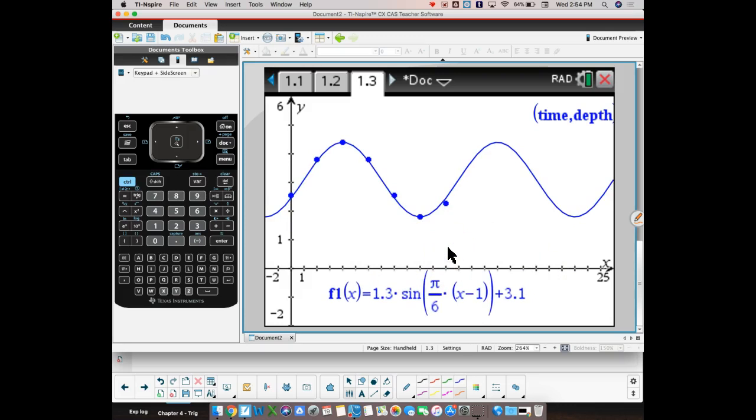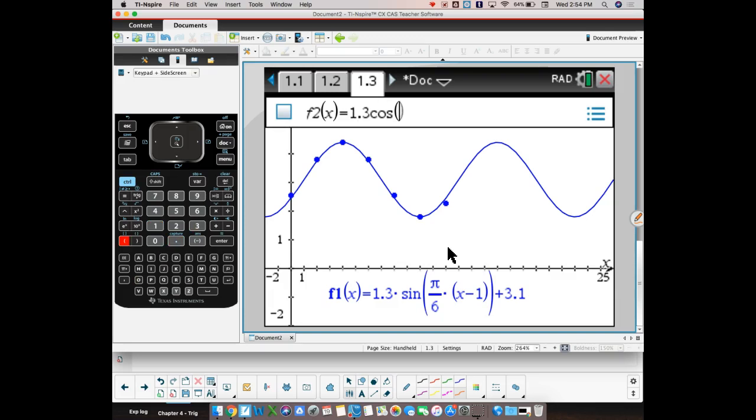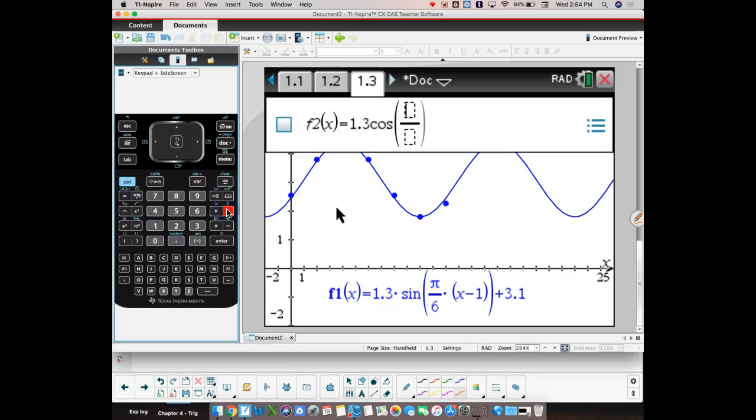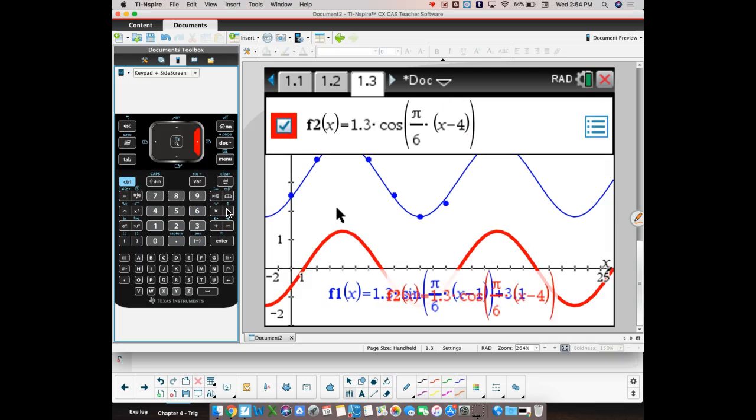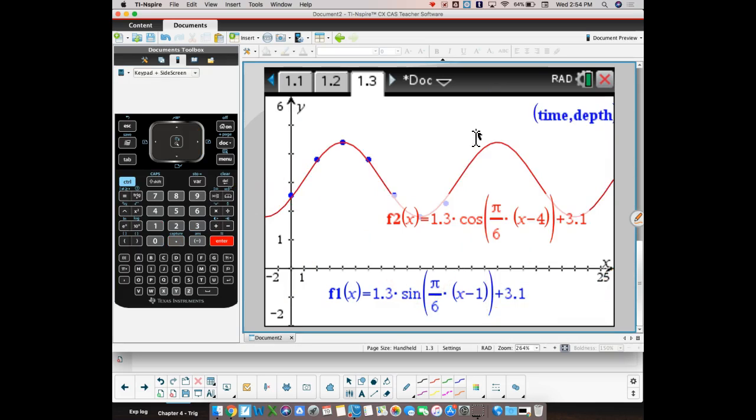Or we said it was 1.3 cosine of pi divided by 6 times x minus 4, then plus 3.1.